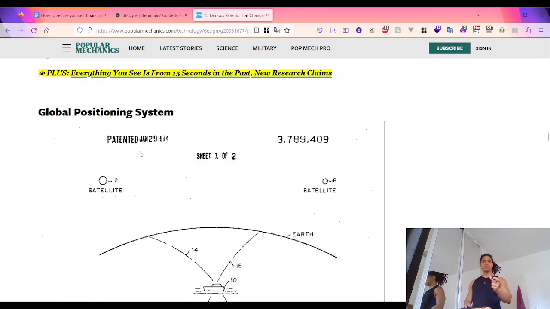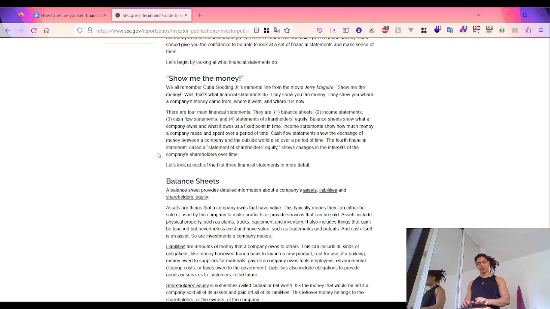We also have CRISPR gene editing, issued in 2014. This is just a couple of examples of intangible assets, particularly exclusive patents.